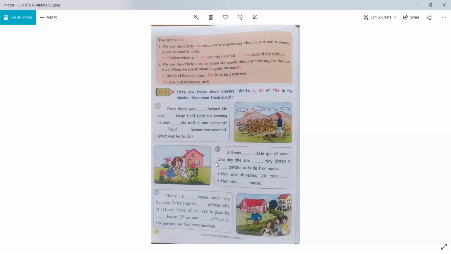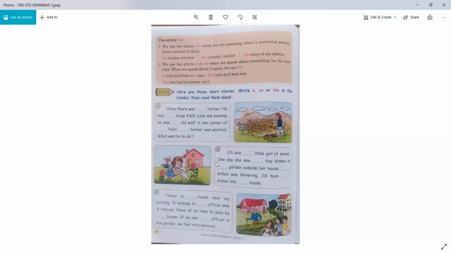So the kitten was shivering, because now here we are talking about a particular kitten. So what are we going to use here? The kitten was shivering. Jill took the kitten into the house. The house means a place.